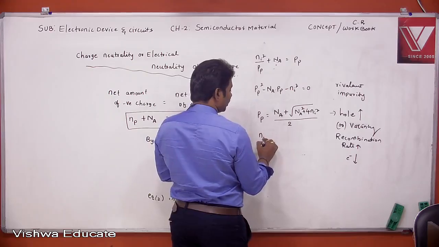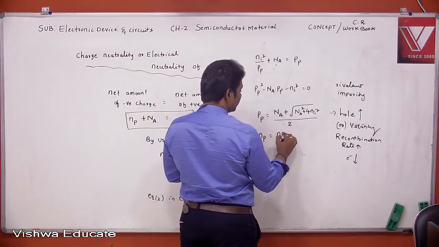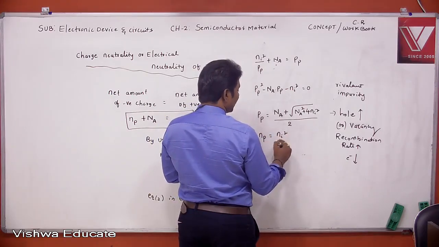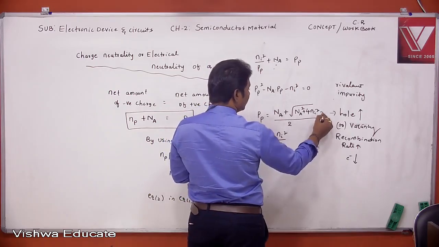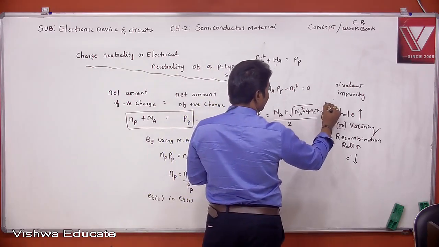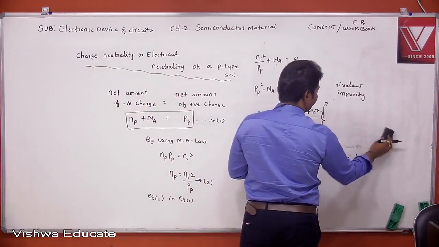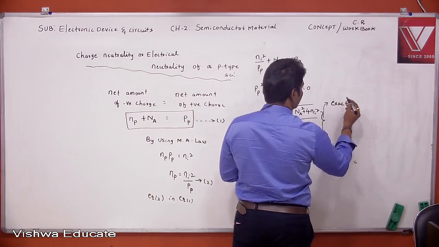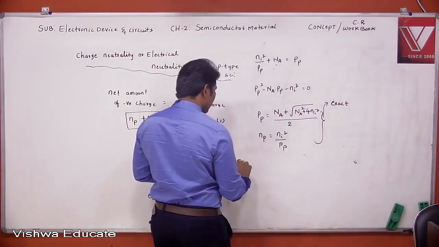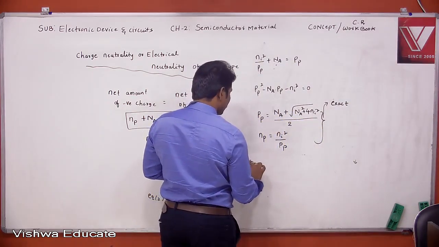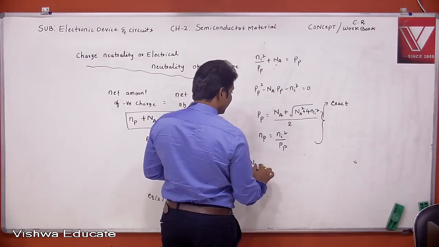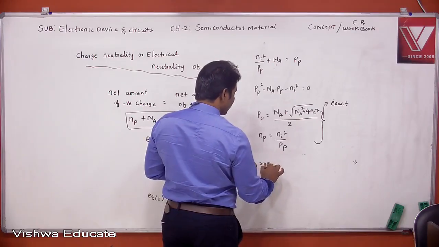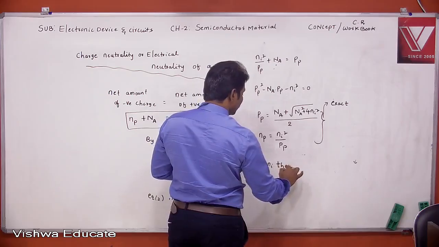Now how do we calculate the electron concentration in the p-type? Use the mass action law, that is ni square by pp. These two equations are called the exact equations. Next, I can also go for approximation. We consider the condition that Na is far greater than ni.